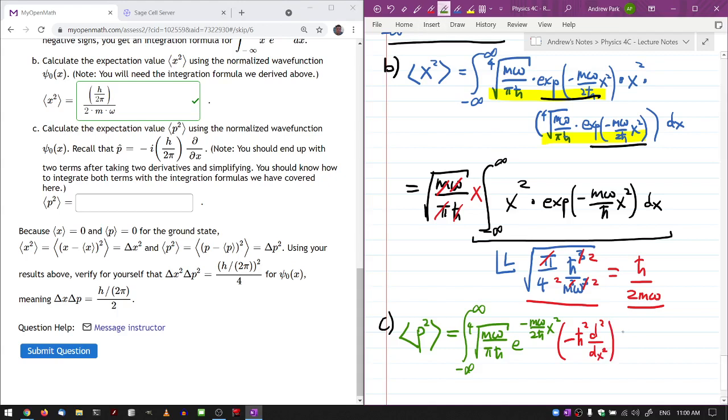applying to this wave function, the fourth root of m omega over pi h bar, e to the minus m omega over 2h bar x squared, integral over dx.